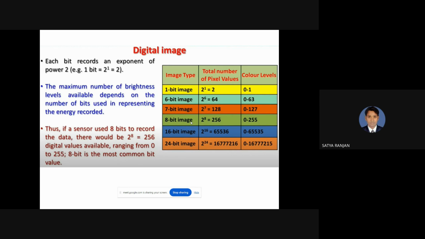The maximum number of brightness levels available depends on the number of bits used to represent the energy recorded. Thus, if a sensor uses 8 bits to record the data, then there will be 256 digital values. This is also called the radiometric resolution of the satellite. Depending upon the satellite, we can have different radiometric resolutions.